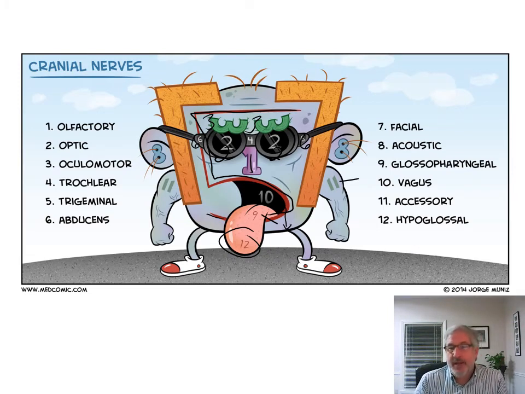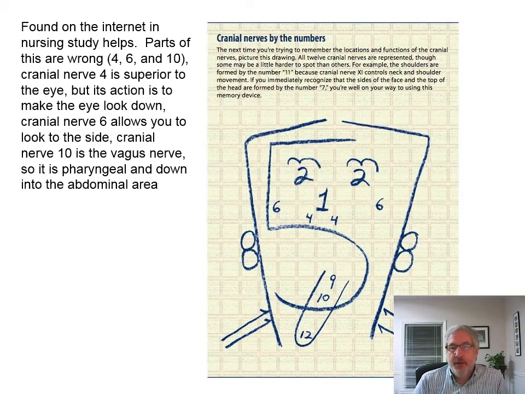So next slide. So here we are. I found this on the internet, on a site called Nursing Study Helps. But the problem is parts of this are wrong: 4, 6, and 10. 4 is actually superior to the eye.